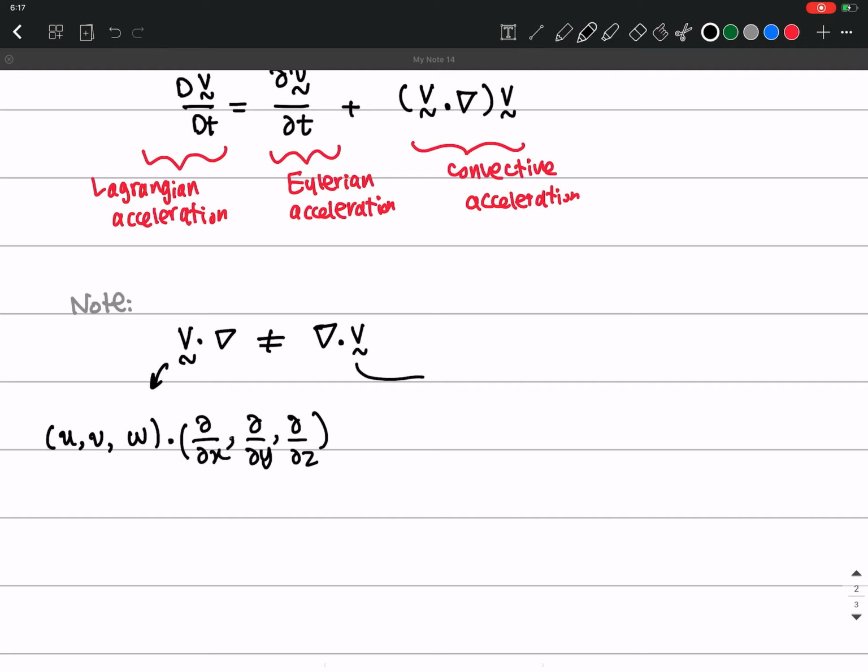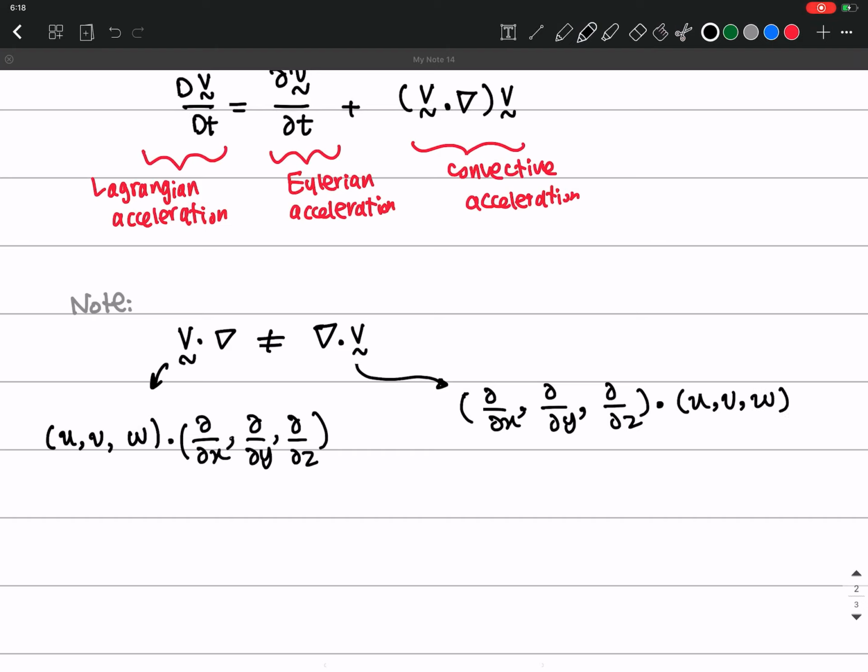And how about this one? We have first the grad, which is partial over partial x, partial over partial y, and partial over partial z, dot, which is the inner product, with the velocity vector, which is u, v, w.